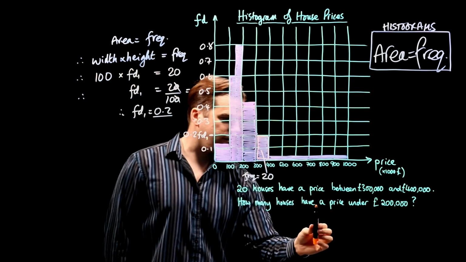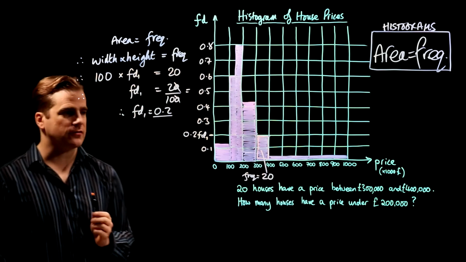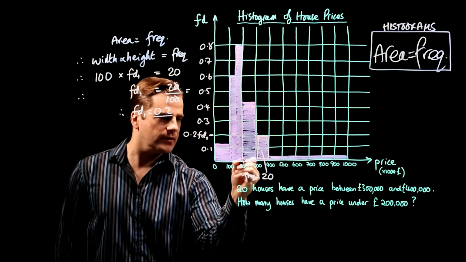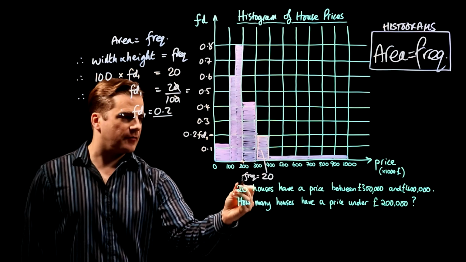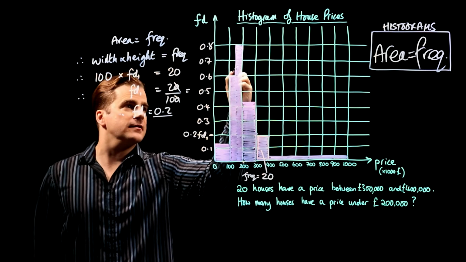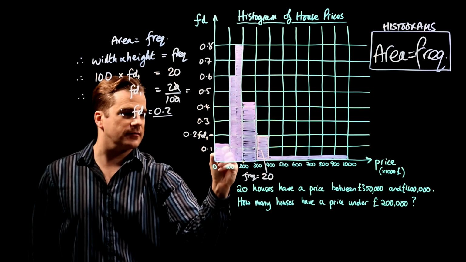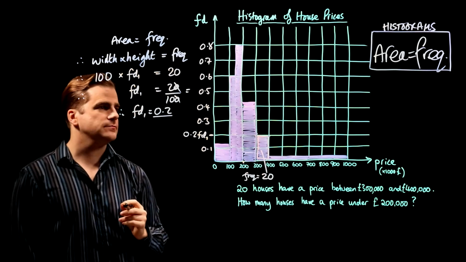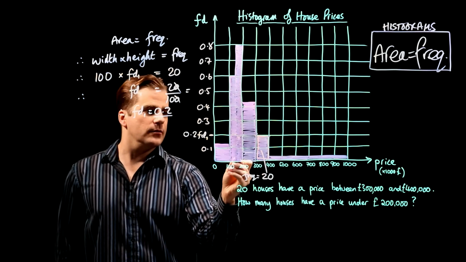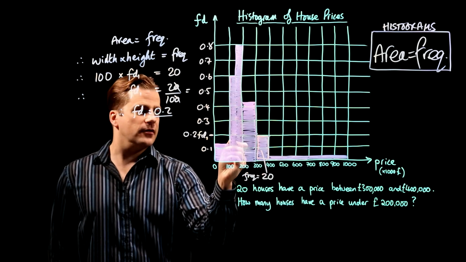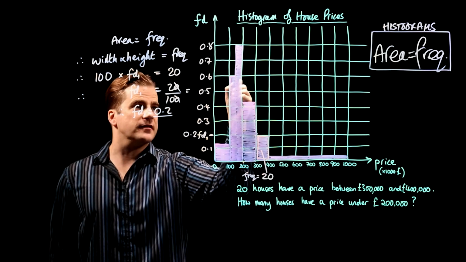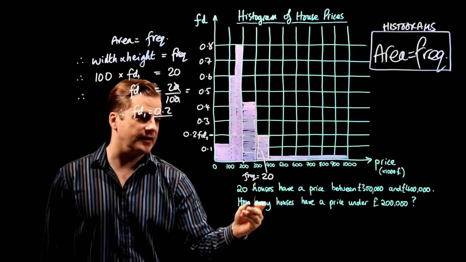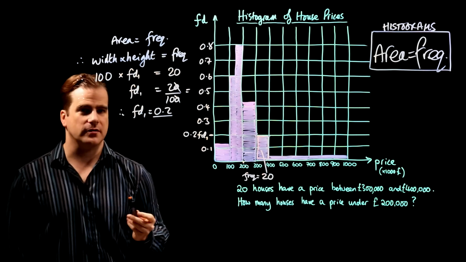Right. How many houses have a price under 200,000? Well, there's 200,000. So all the houses that have a price under that, it's this box plus this box plus this box. So we need to know the frequency of this box and this box and this box, because the frequency is the number of houses in the box.